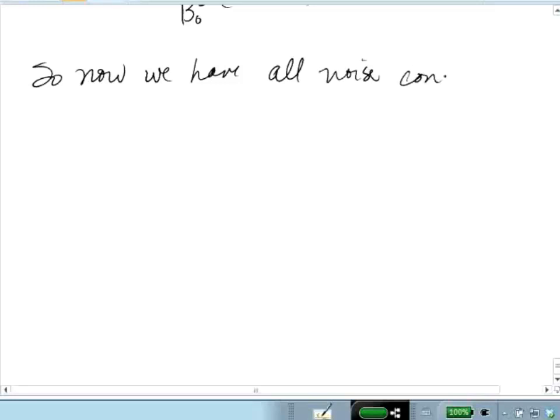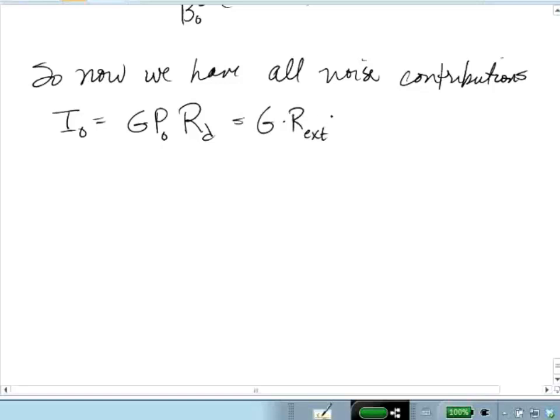So we have all noise contributions. Once again, I0 is equal to the input power, G times P0, times RD. And this we could also write as R times the extinction ratio times P1, RD.